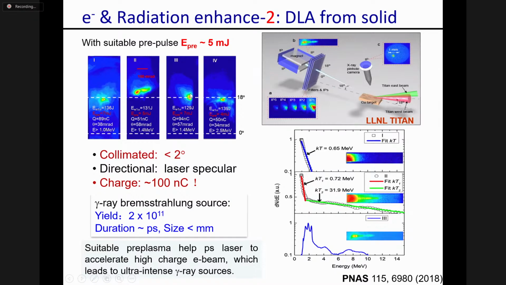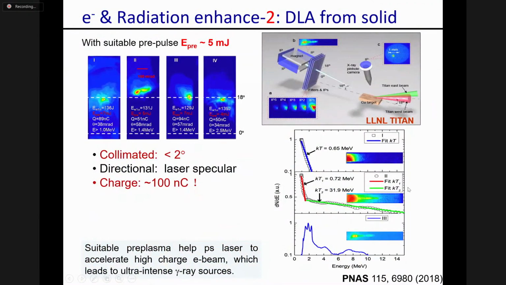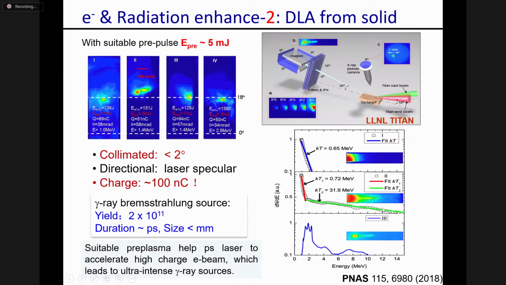The charge can reach 100 nanocoulomb. So it's very useful for some applications. We performed this experiment several years ago at the Titan laser at Lawrence Livermore National Laboratory. But with the solid target, the electron energy actually is not so high. It's only 10 MeV level.